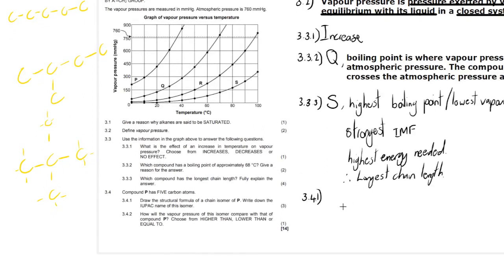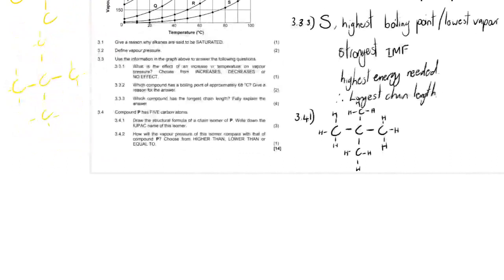Right, so we draw the structural formula, and we've got 3 carbons for our main chain, and on the central carbon we've got the 2 methyl groups, with hydrogens on each side. If we're going to be drawing this propane, it is important to recognize we might need to draw a little smaller than we're comfortable with, or we draw our main carbon chain quite large. Let's have a look then at 3.4.2. Let's continue down this line of questions.